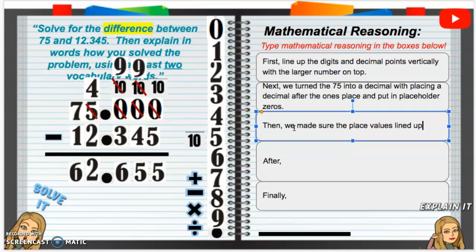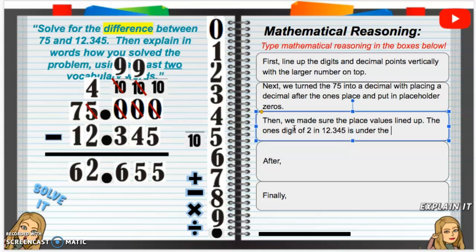The ones digit of 2 in 12 and 345 thousandths is under the 5 in 75. Those are both in the ones place. So we know we're lined up.